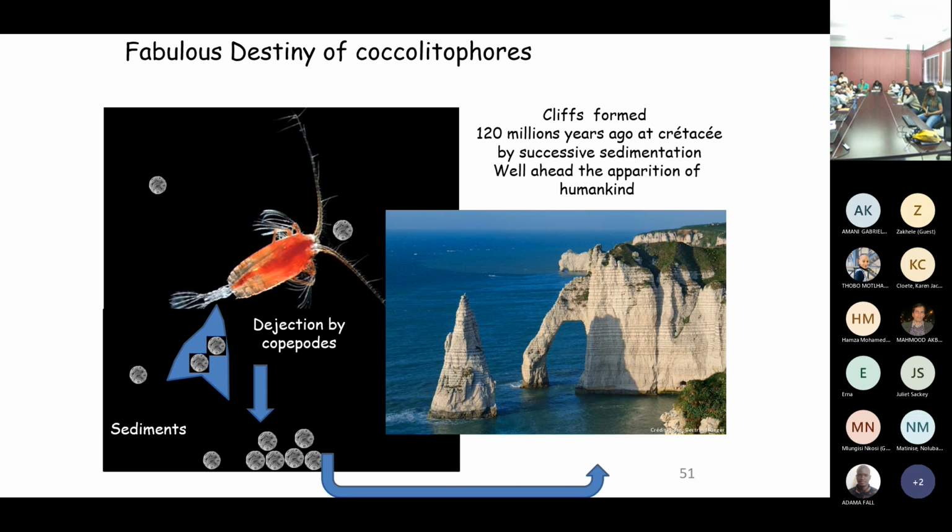And during the Cretaceous, 100 million years ago, the oceans were far above those cliffs. And then the level of the ocean was decreasing, not like what is happening at the moment. So the level of the ocean was decreasing, and then appeared all those nice stacking layers made of coccolithophore. So if you go to Etretat, you pick up a piece of this cliff, it's full of coccolithophore.